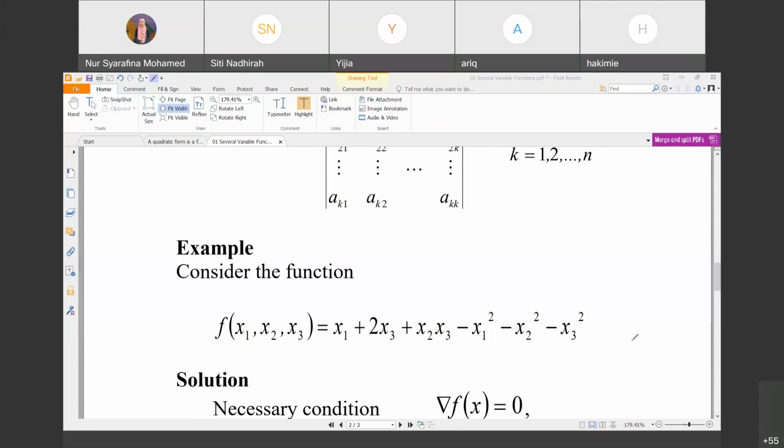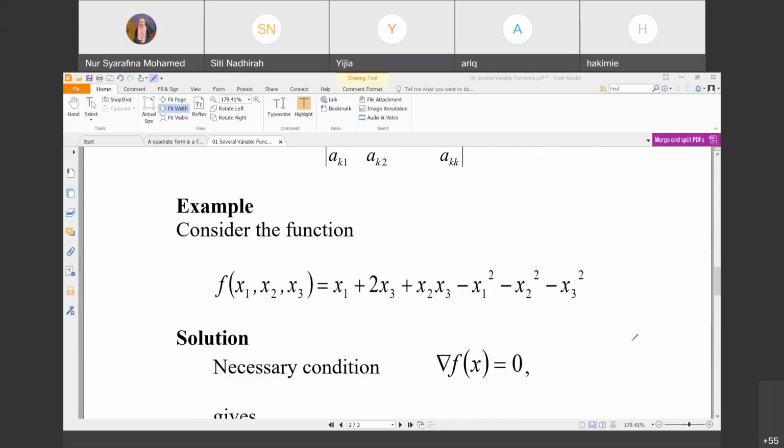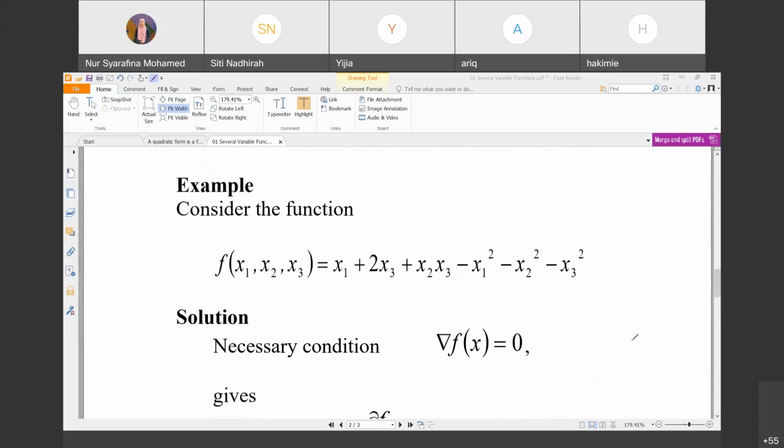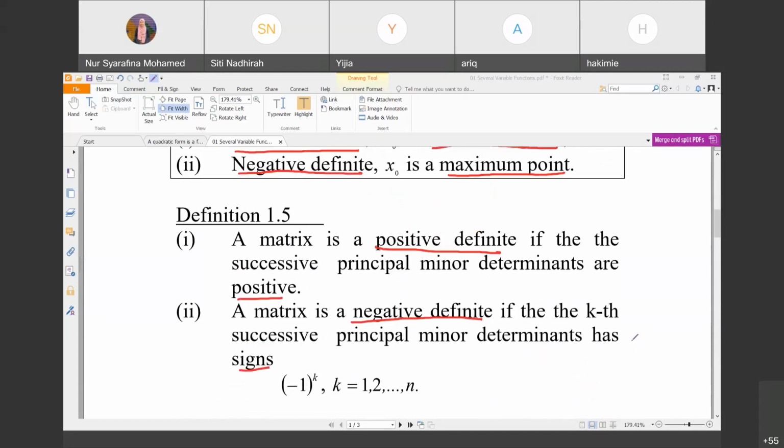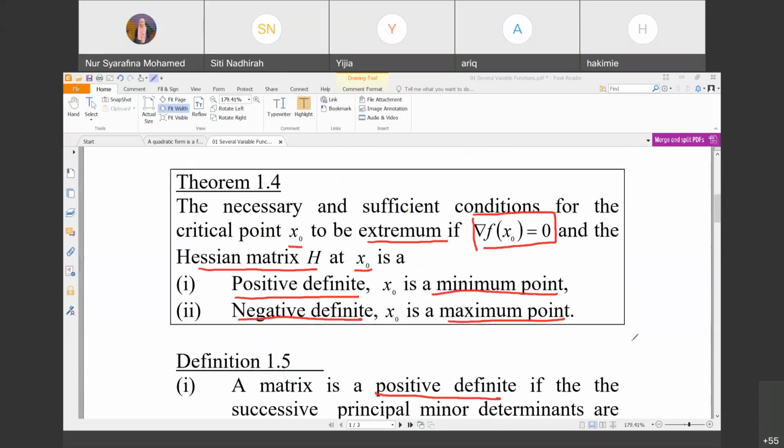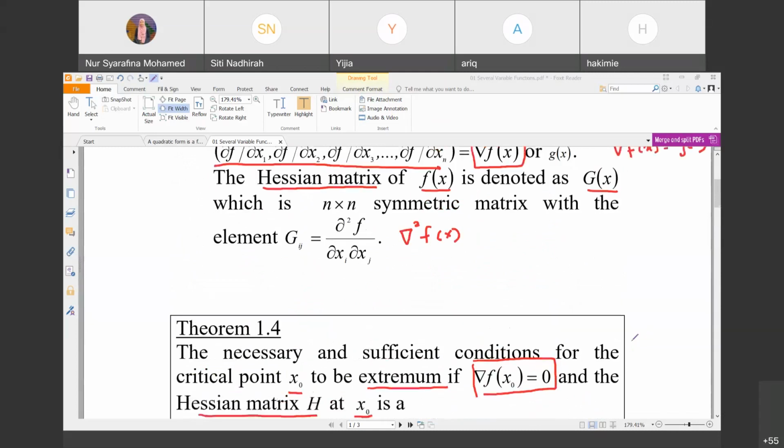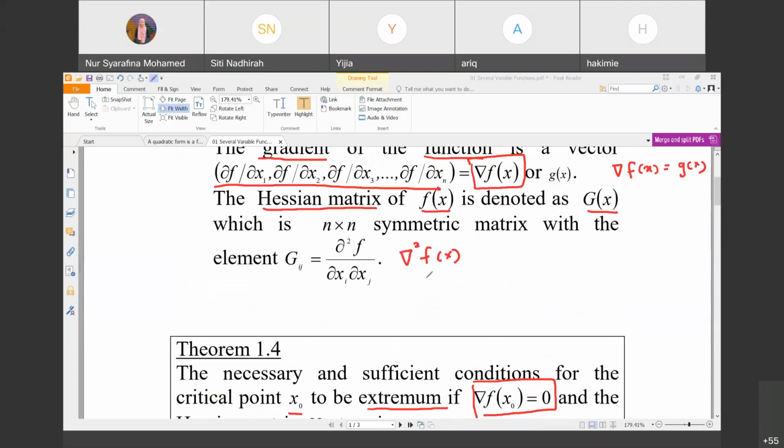That's why we form the Hessian matrix. So how can we form the Hessian matrix from here? The Hessian matrix is formed by looking at the second derivative of f. The Hessian matrix is denoted as G, which is n by n symmetric with the element del squared f over del xi del xj.